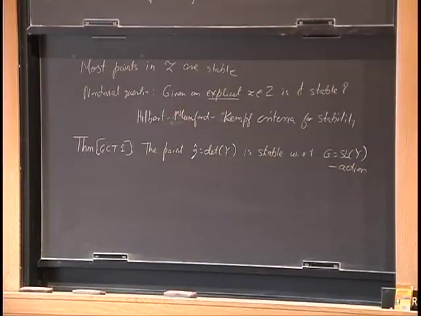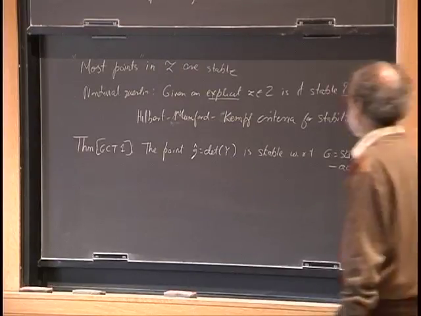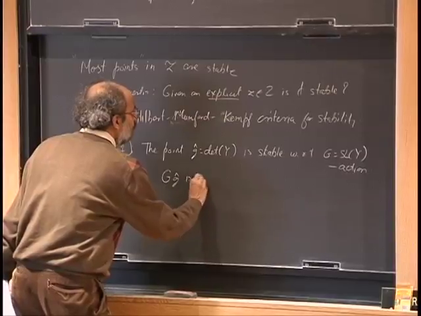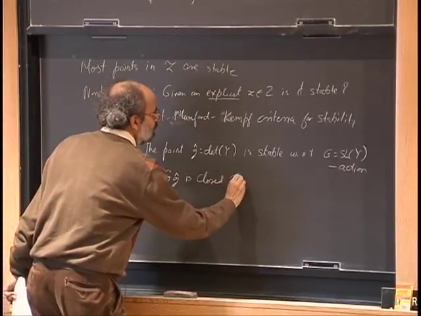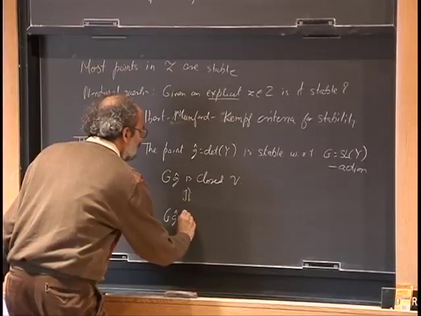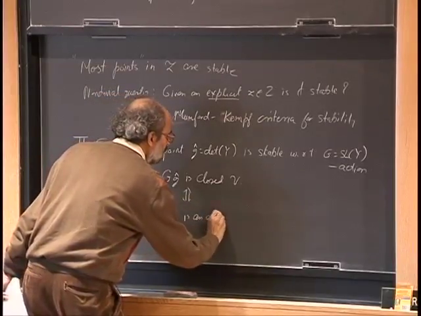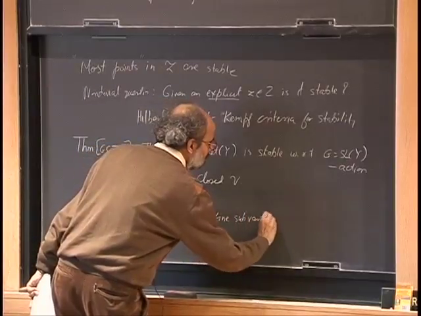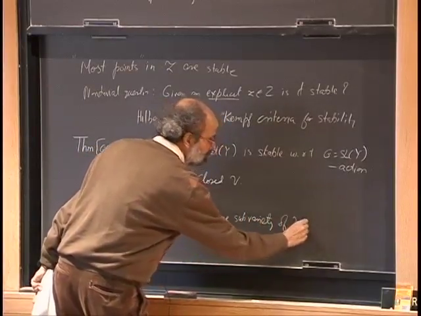That is why we are taking SL(Y). So what that means is this orbit g hat is closed in V. That also means that g hat is an affine subvariety of V.